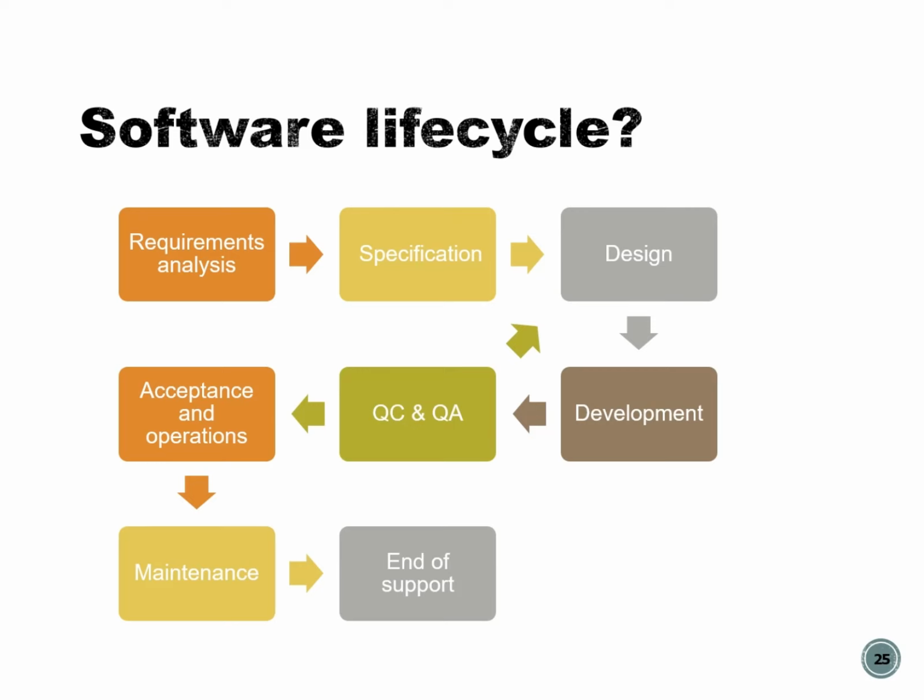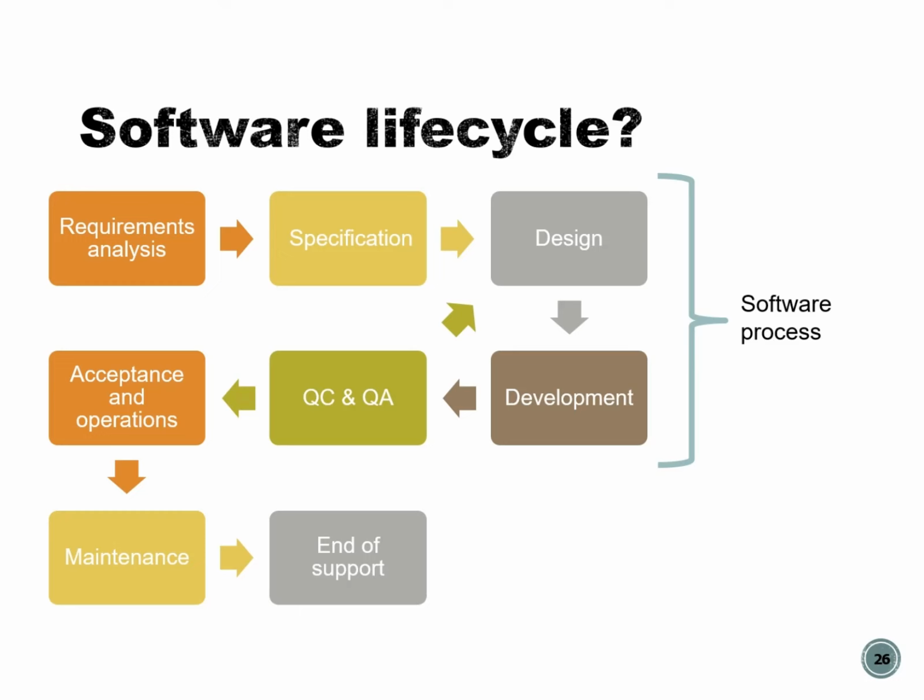But the important aspect to understand here is that we have been talking about this part quite much, and this is what we usually call software process. But in this course, we actually have to look into the larger, bigger picture, meaning that we are talking about the entire life cycle of the software.